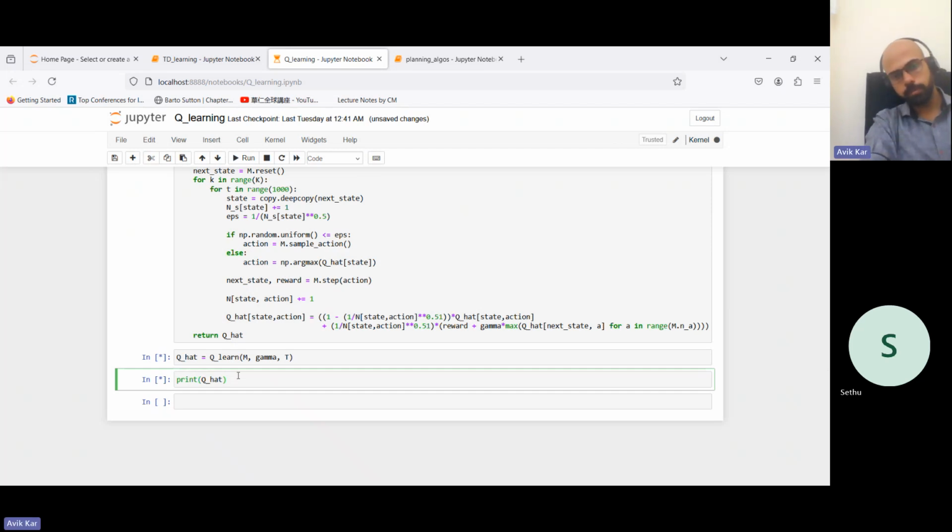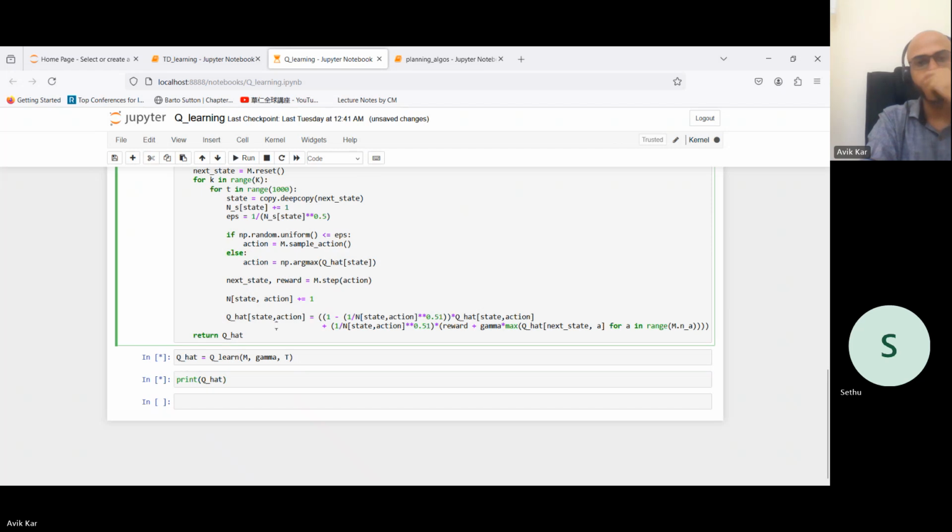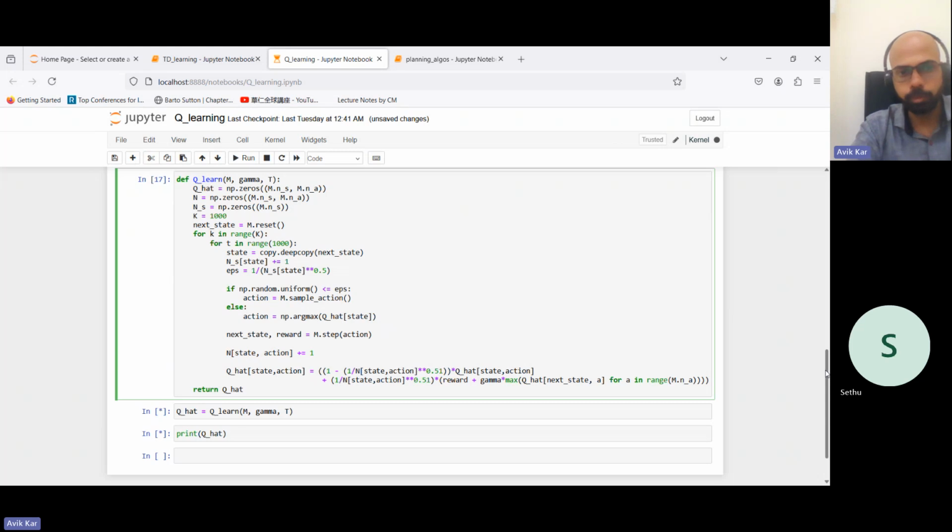It will take some time, but hopefully it will finish soon. While it's running, let us look at the cumulative rewards that it's incurring in every episode.